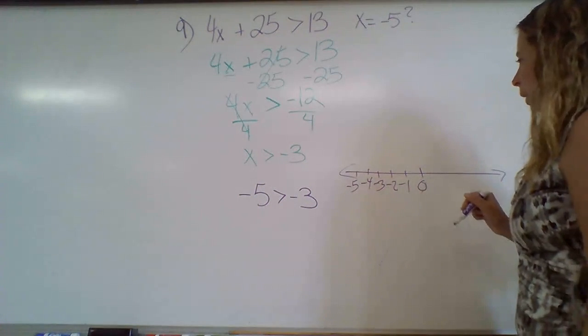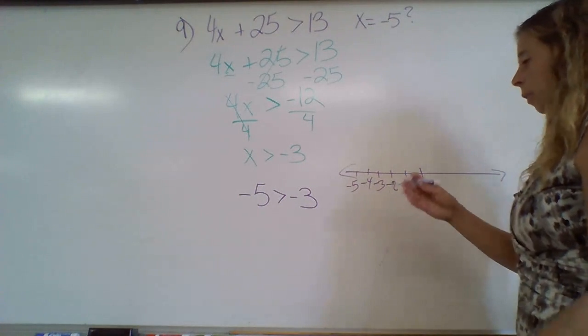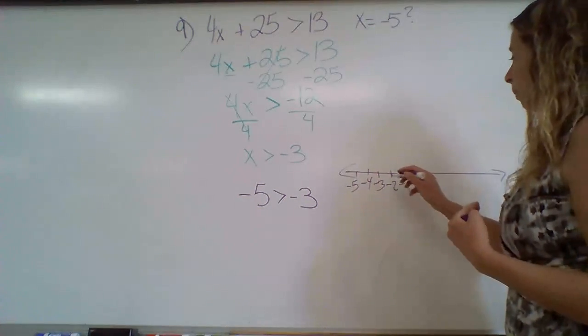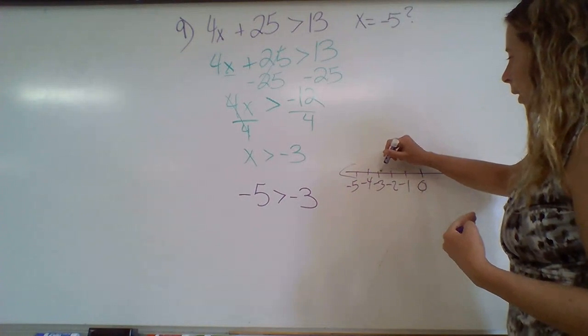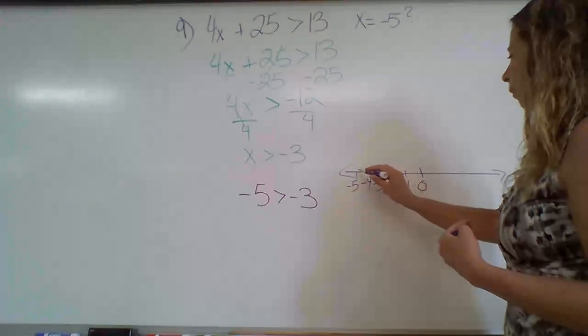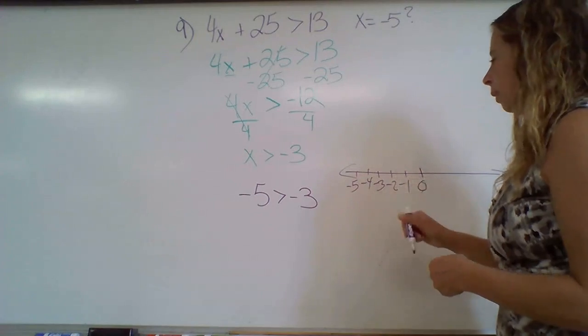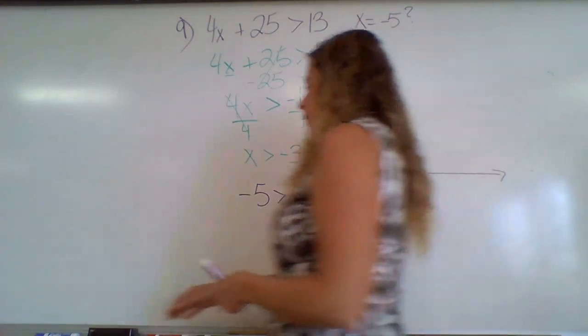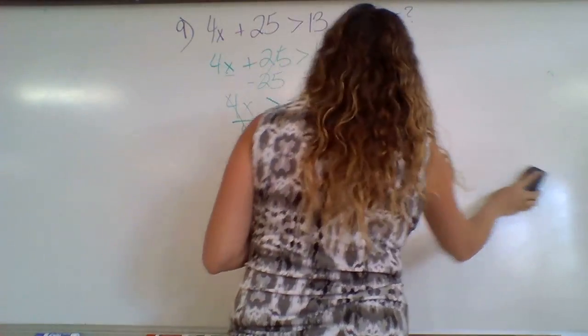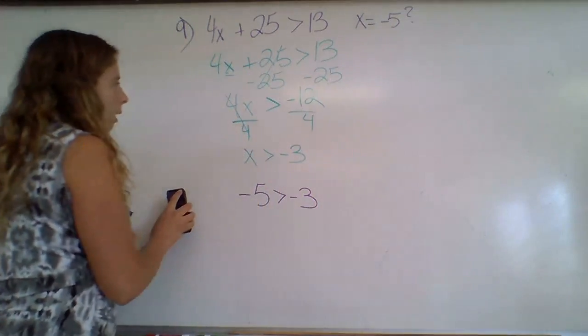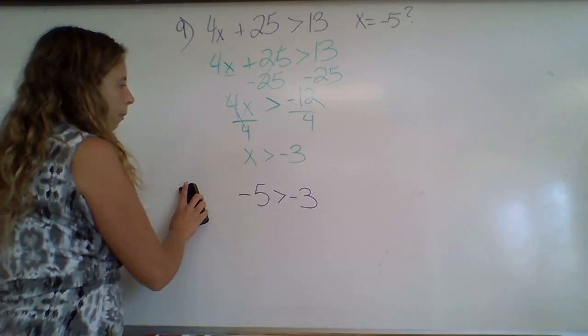Which one's closer to 0? Whichever one's closer to 0 is greater. So -3 is only 3 away from 0, -5 is 5 away, so -3 is greater. So no, the answer is no, it is not a solution.